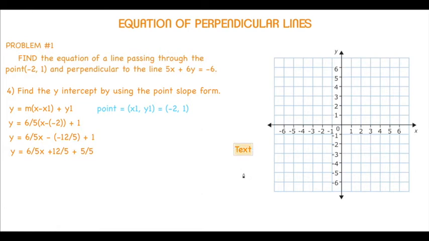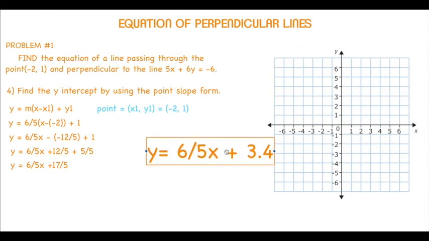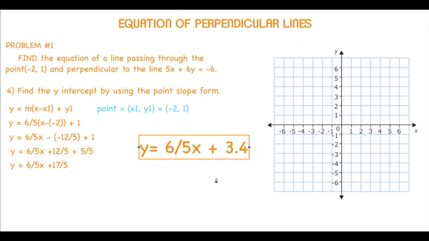We're going to have y equals 6 over 5x plus 17 over 5, or y equals 6 over 5x plus 3.4. And this is the end. The equation 5x plus 6y equals negative 6 is perpendicular to y equals 6 over 5x plus 3.4.